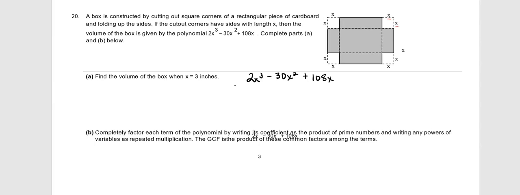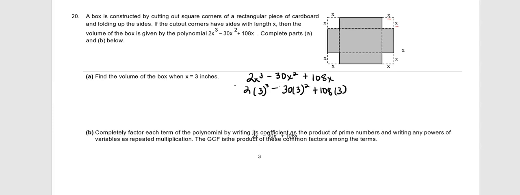So to find the volume of the box when x equals 3, we simply take 3 and replace it with the x in the polynomial, like so.